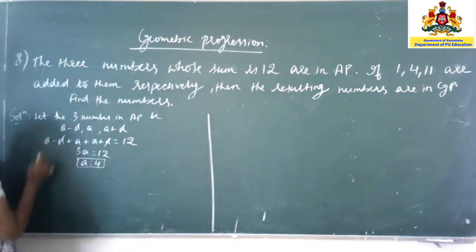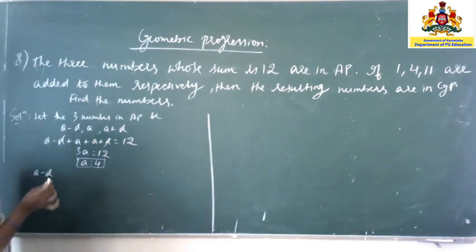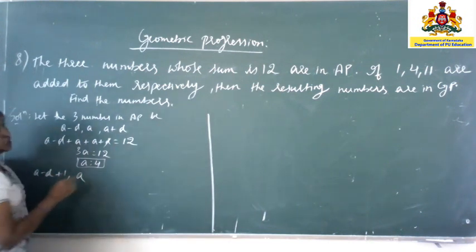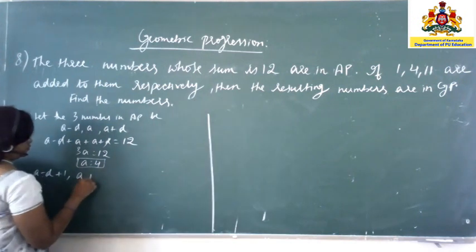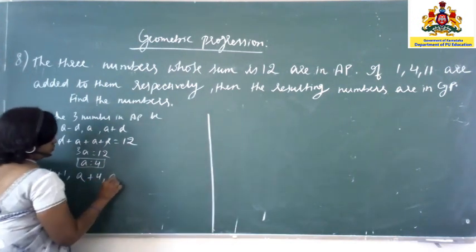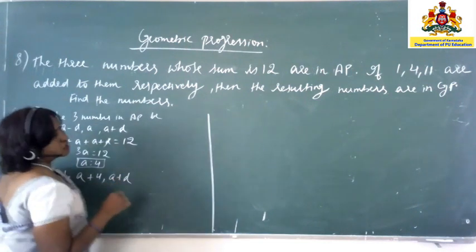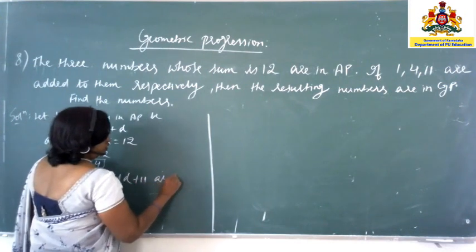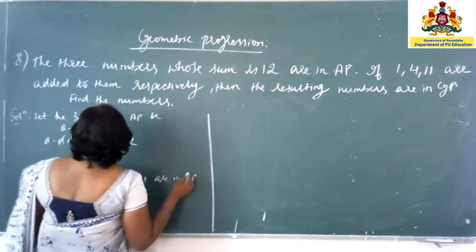Therefore a minus d plus 1, a plus 4, then a plus d plus 11 are in GP.